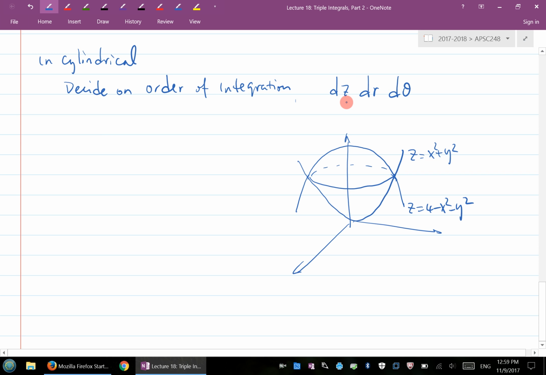We still need to draw the shadow of this region D, because r and theta are determined by the shadow. So sketch the shadow.